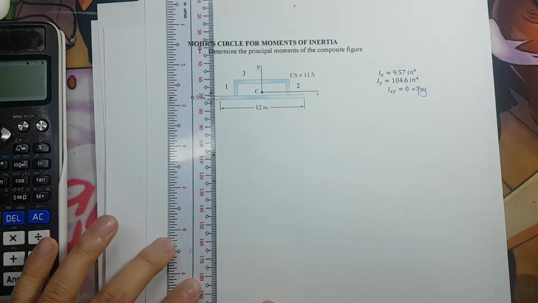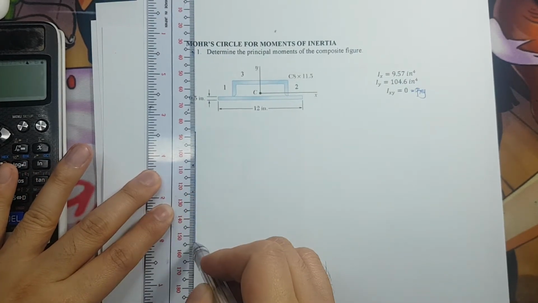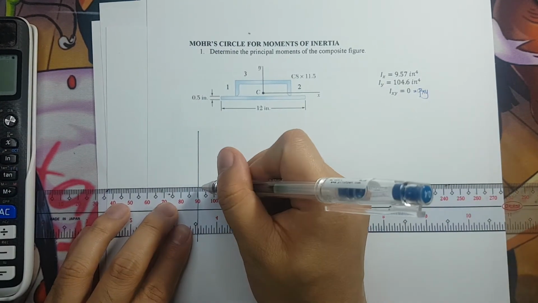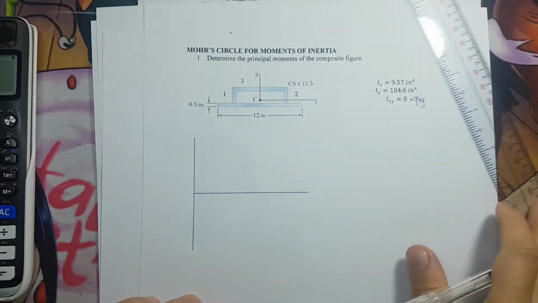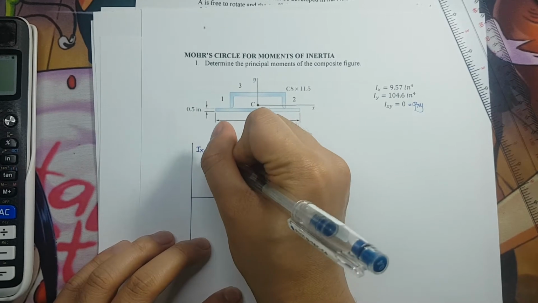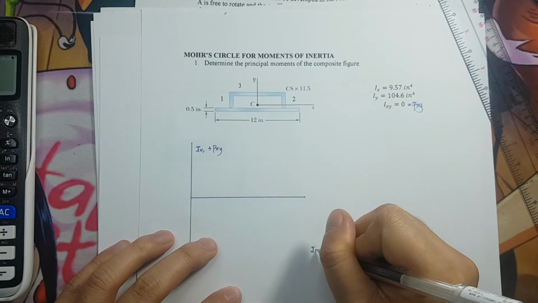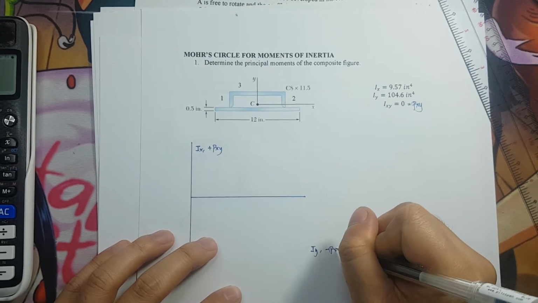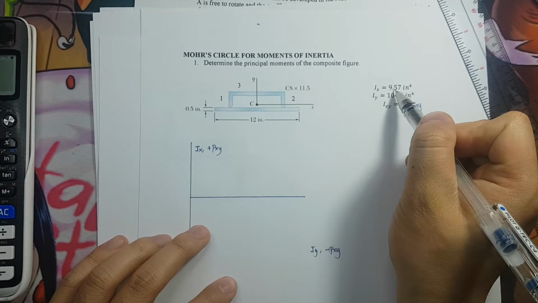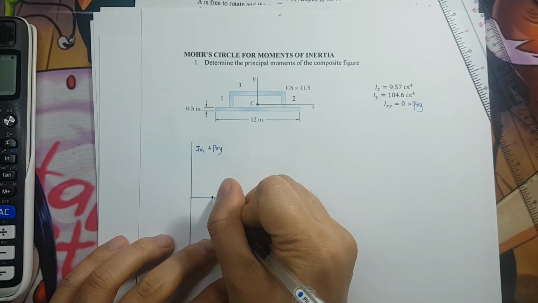For the first thing that we need to do here is to draw our Mohr's circle, and by doing so we need to plot our values. So we have Ix, Ix plus Pxy, then we have Iy, negative Pxy. For Ix it is 9.57, Ixy is 0, so it is here.